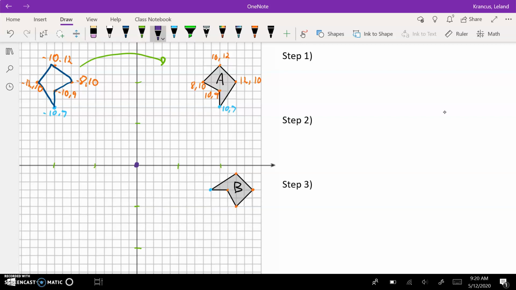Then that means it's going to put it in the first quadrant, so X and Y are both going to be positive. Switch my X's and Y's, and I'm going to make both coordinates positive because it's going to land over there in the first quadrant. So first one, the blue point, that negative 10, 7 is going to become 7, 10.